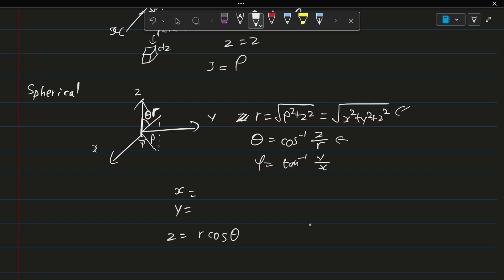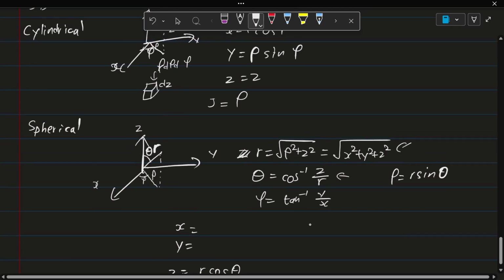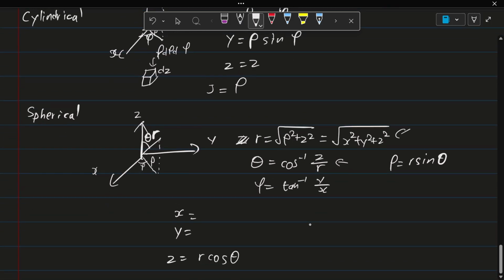And so the rest is going to be rho, which is r sine theta. And then you could use your rho by cheating off from the top. What you would get is r sine theta cosine phi, and r sine theta sine phi. This is your spherical coordinate system.